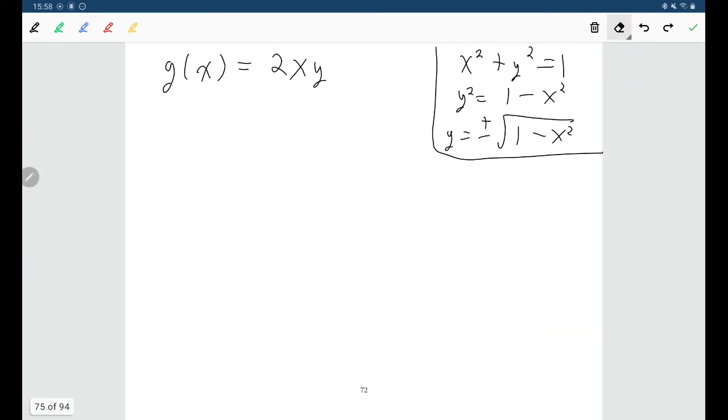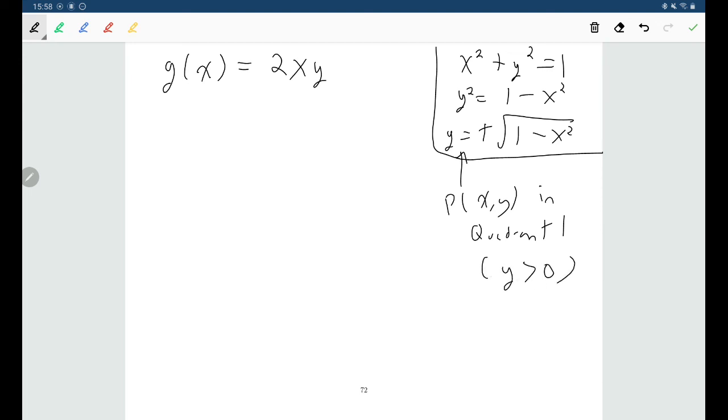So when I go back and think about this, I actually will take y being the positive square root of 1 minus x squared. And that's because we said that P, our point x y, was in quadrant 1. And if you're in quadrant 1, then the y value must be positive. So that's why we're not taking the negative square root of 1 minus x squared.